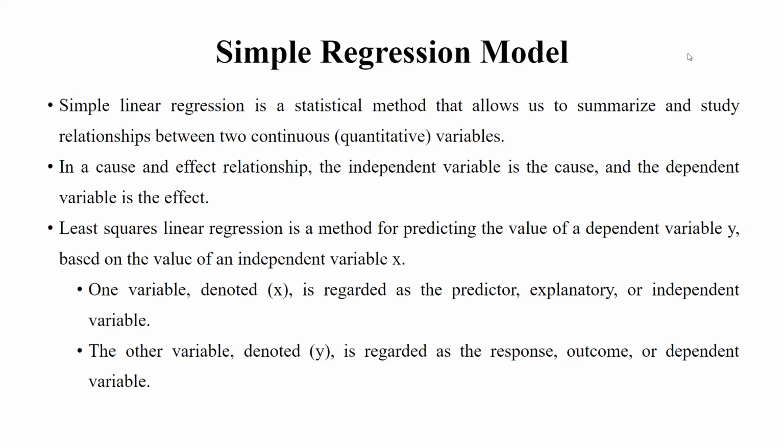Simple regression or simple linear regression is a statistical method that allows us to summarize and study the relationship between two continuous variables. In a cause and effect relationship, the independent variable is the cause and the dependent variable is the effect.